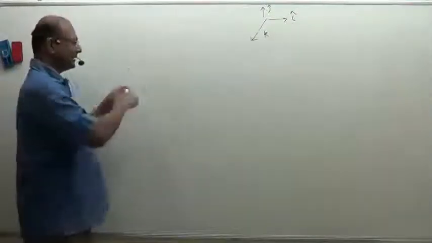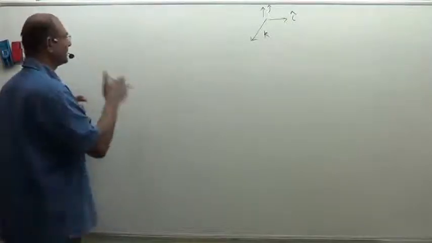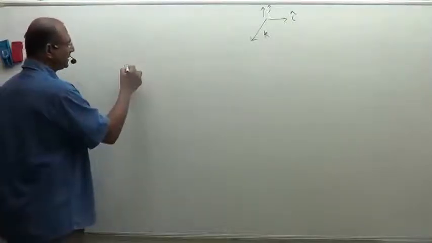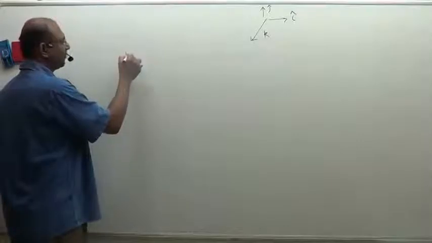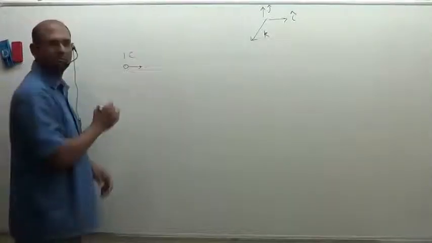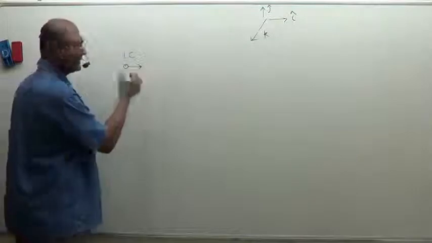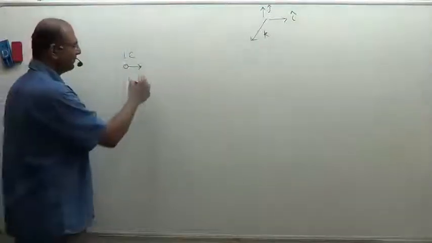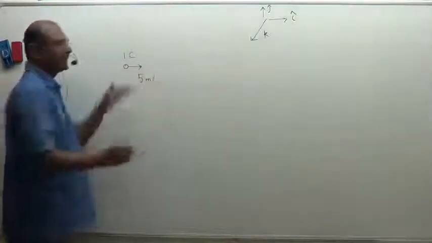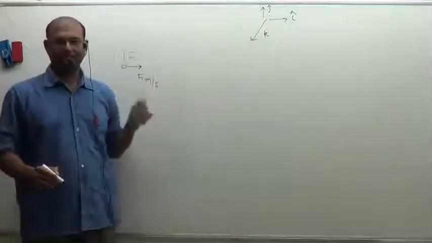So, let us do another question. Now, this is again a reasonably straightforward question. I have a charge, let us say 1 coulomb charge, moving with a velocity of 5 meters per second in the I direction.